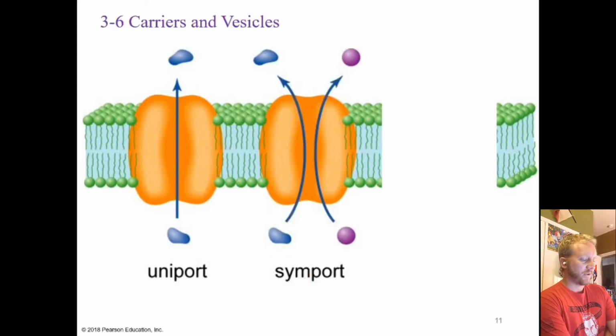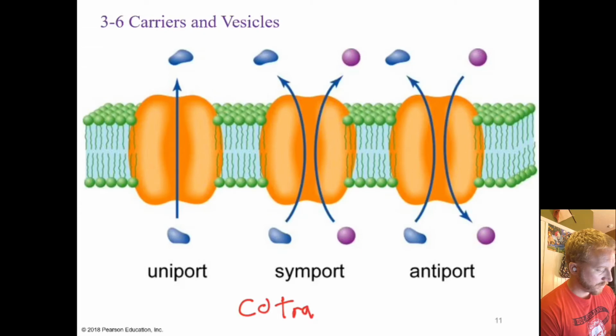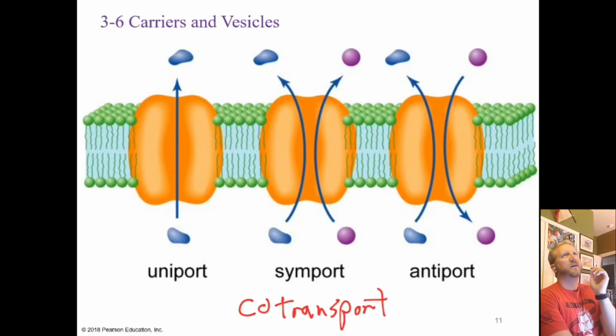And then the other one is antiport. Antiport, also known as countertransport. Now, symport can also be called cotransport, and that's really important because a lot of times, let's say there's one specific thing we want to move, but in order to move it, we have to move something else.